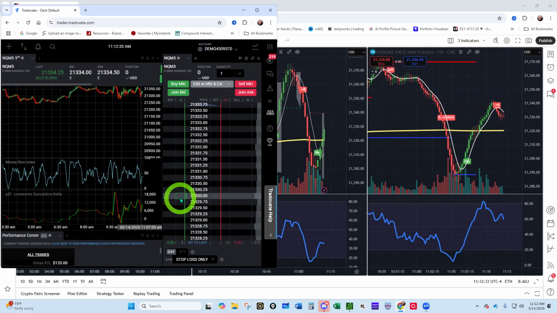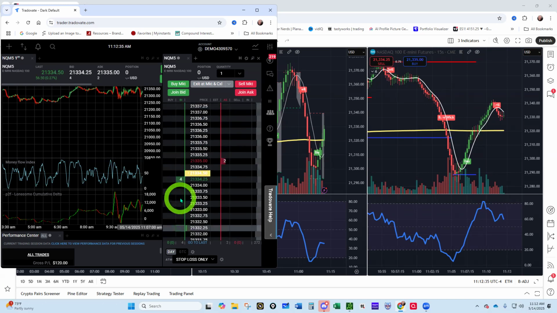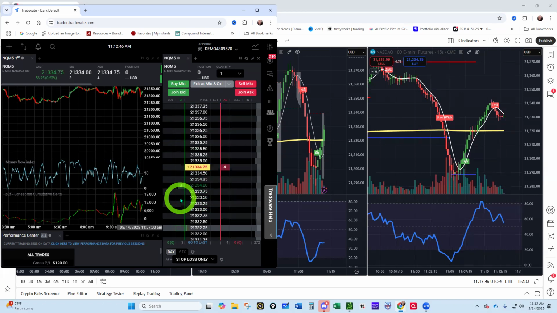That would have been a nice trade. Well, we might watch it at 340, see if that would have been a good front run. Money flow's heading back down.